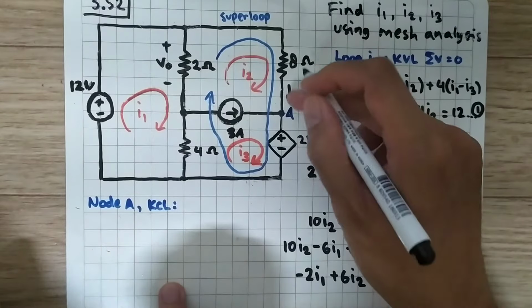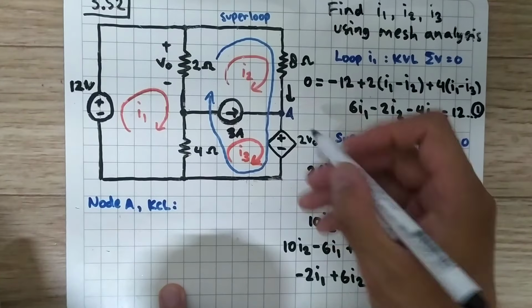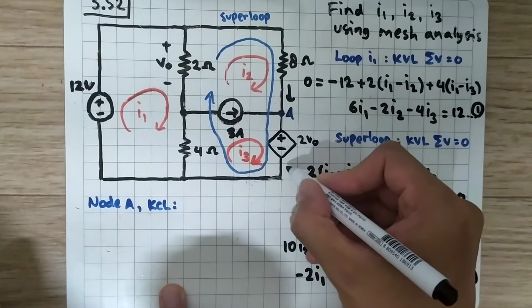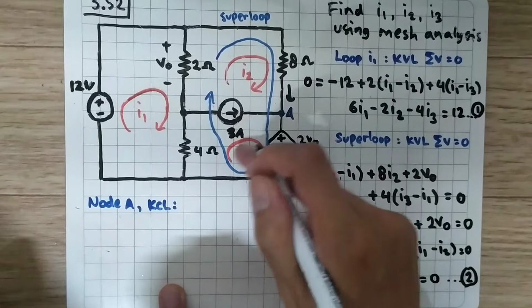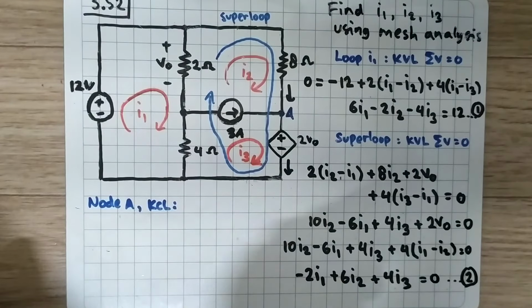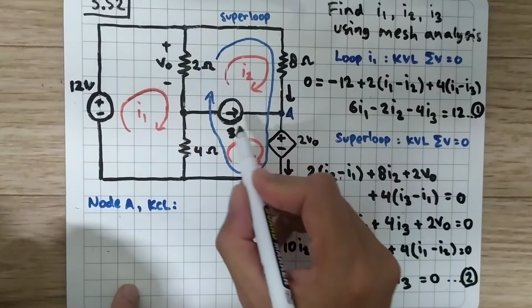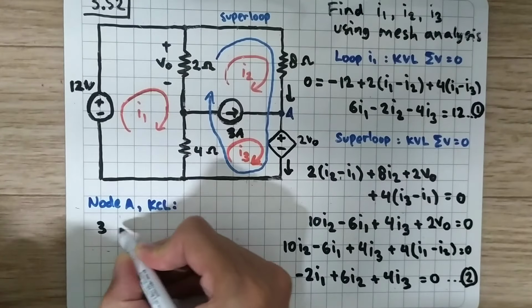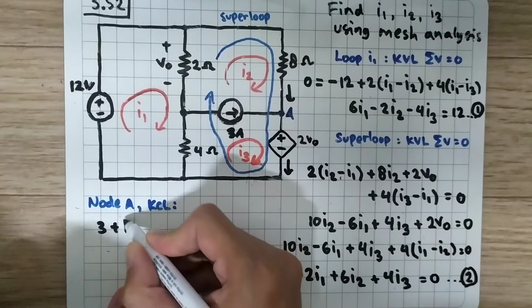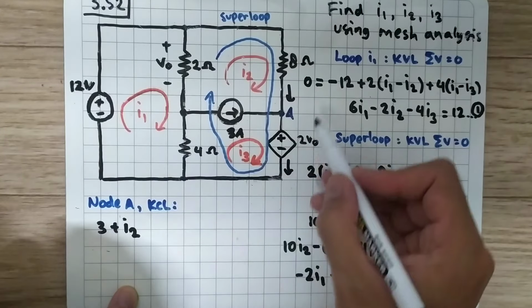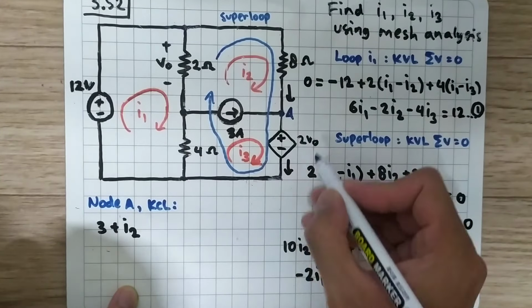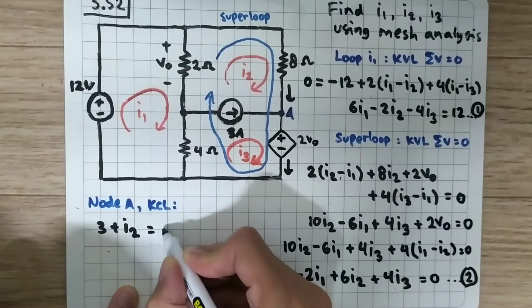Here, it's the same as this loop. And the current that goes out is here. It's the same as this loop 3. So we have the current that goes in is 3 plus I2, and the current that goes out is I3.